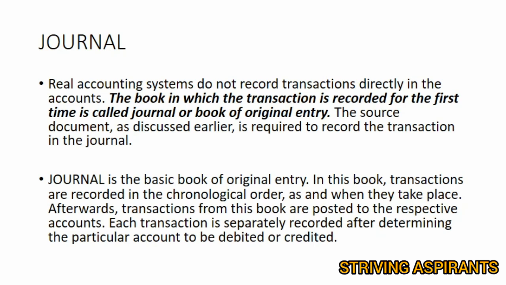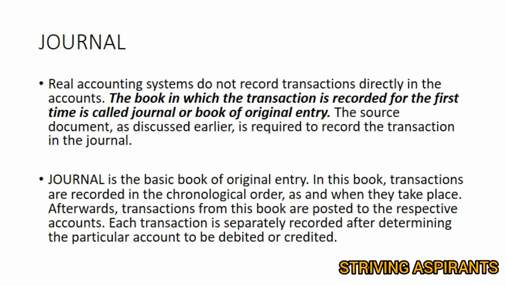With the help of the source document, we will enter the transactions in the journal one by one. Whatever transactions are taking place in a firm in a day, we will enter all of them. So the journal is the basic book of original entry.